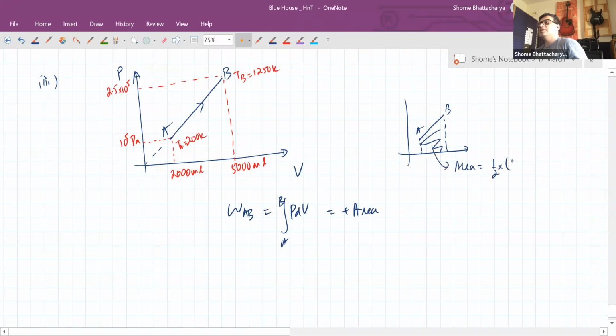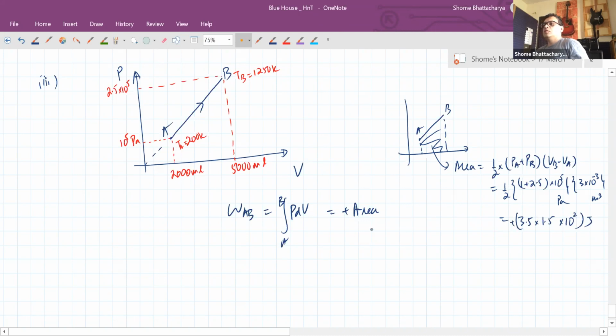So it is half into sum of parallel sides into perpendicular distance between them. Yes, that's correct.